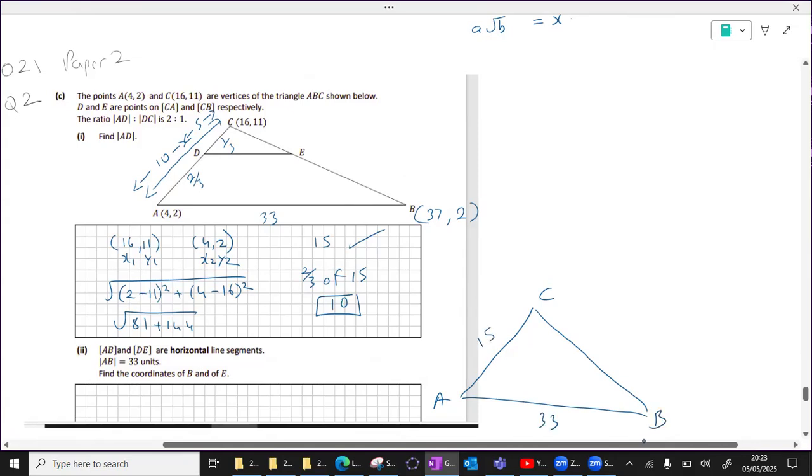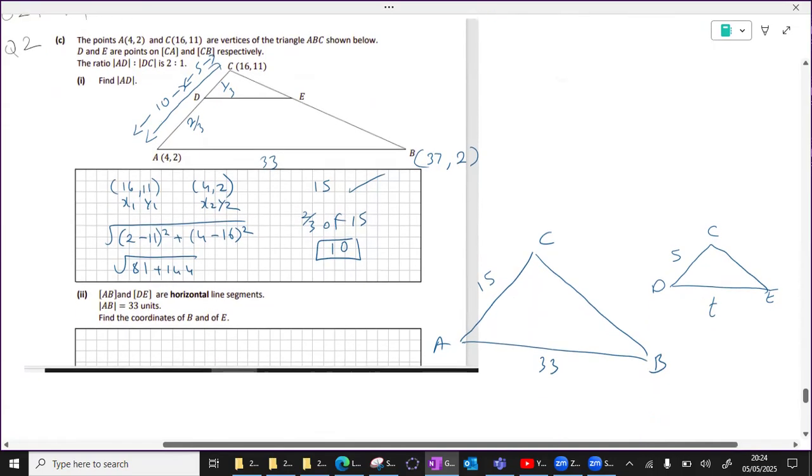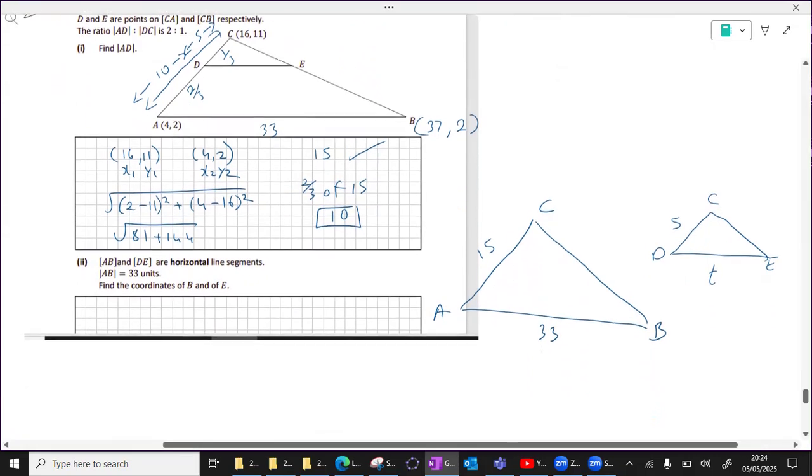The bottom is 33. Now the little guy on top, CDE, remember, I've discovered that was 5. Now, I don't know this bit, so we'll call that T, for example. I need to know T first, so I'm going to use similar triangles here.